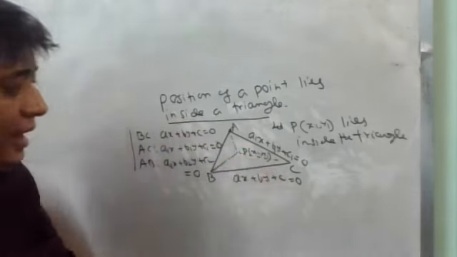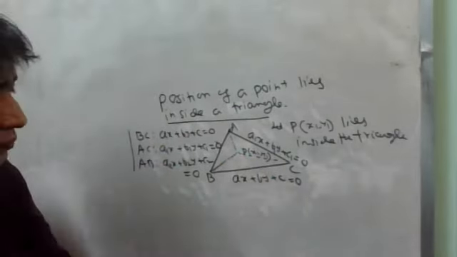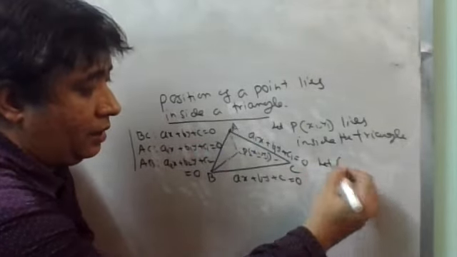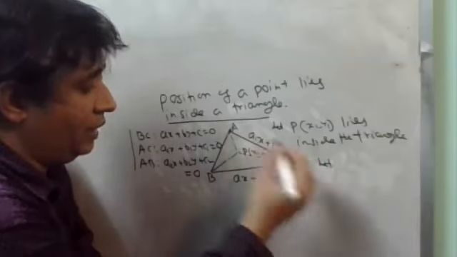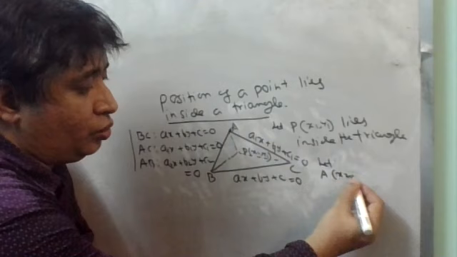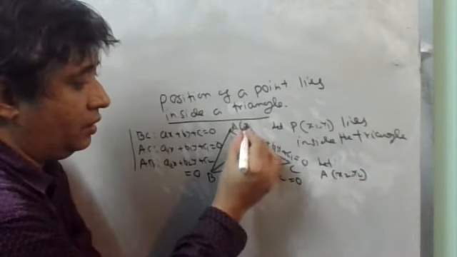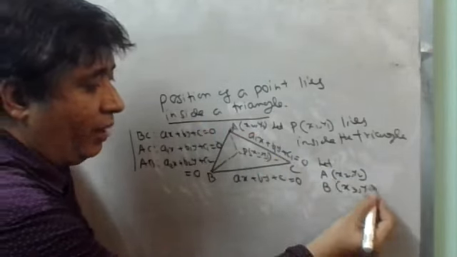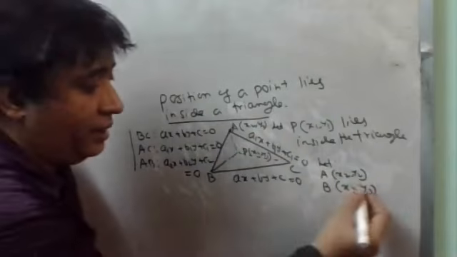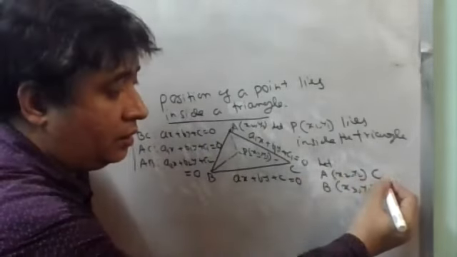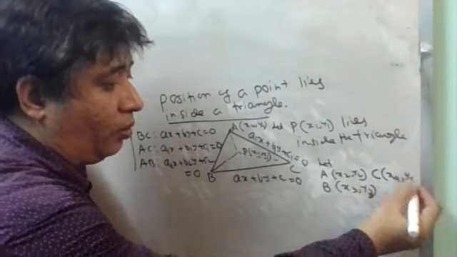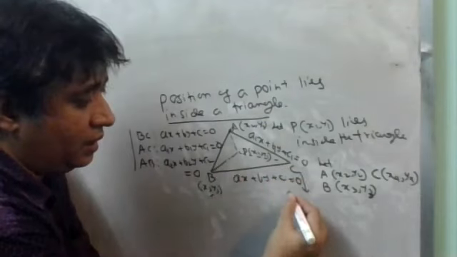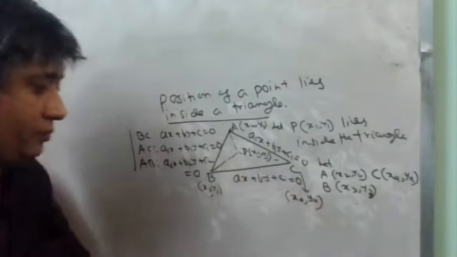You join it by a dotted line. Now you see, let the point A be x2 y2, its coordinates, B x3 y3, and C x4 y4. This is x3 y3 and this is x4 y4.